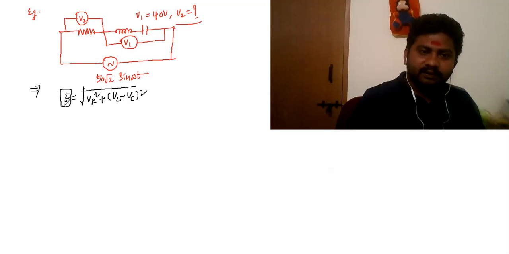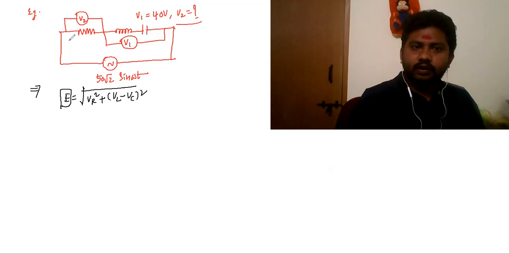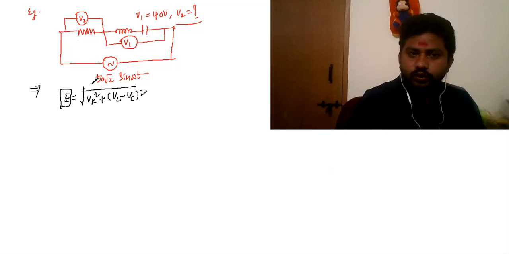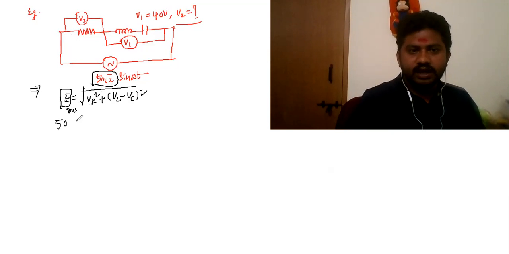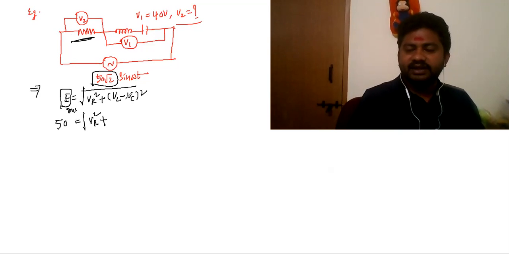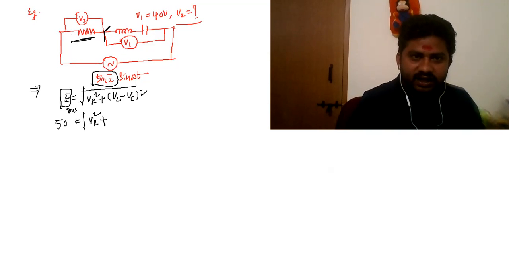It is the net EMF of this complete circuit, equal to the RMS because it is AC current. So I can say this is E RMS. What is its E RMS? It is 50 because E naught is 50 root 2. So 50 is equal to the square root of VR square, which is our aim, the potential difference across this resistance, plus VL minus VC whole square. The net potential between these two is given as V1. So V1 is 40 square.